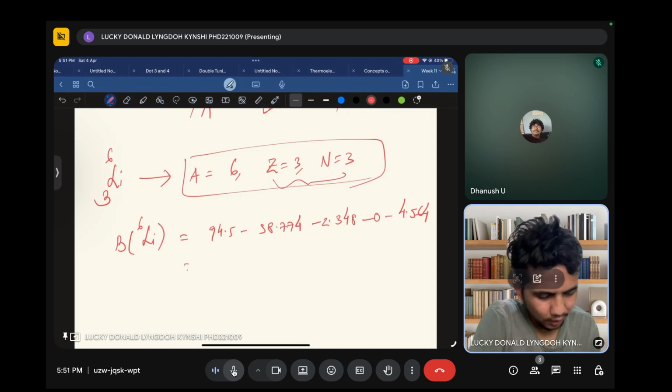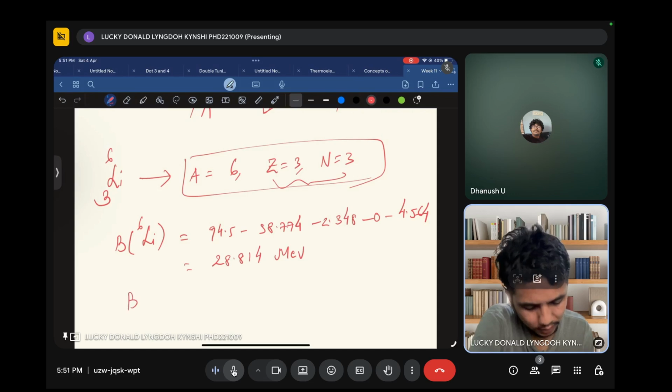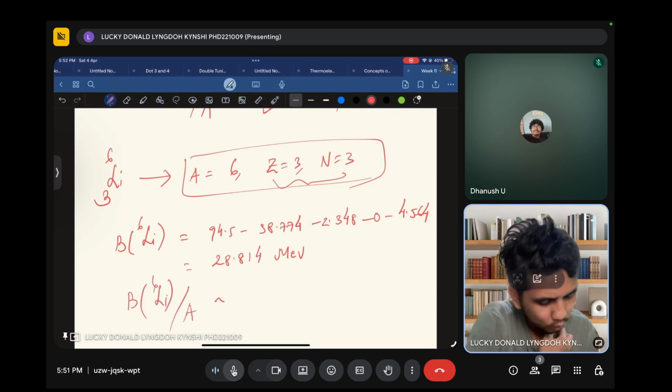So these values correspond to 28.814 MeV. If I divide it per nucleon, divided by A, this comes to around 4.8023 MeV per nucleon.